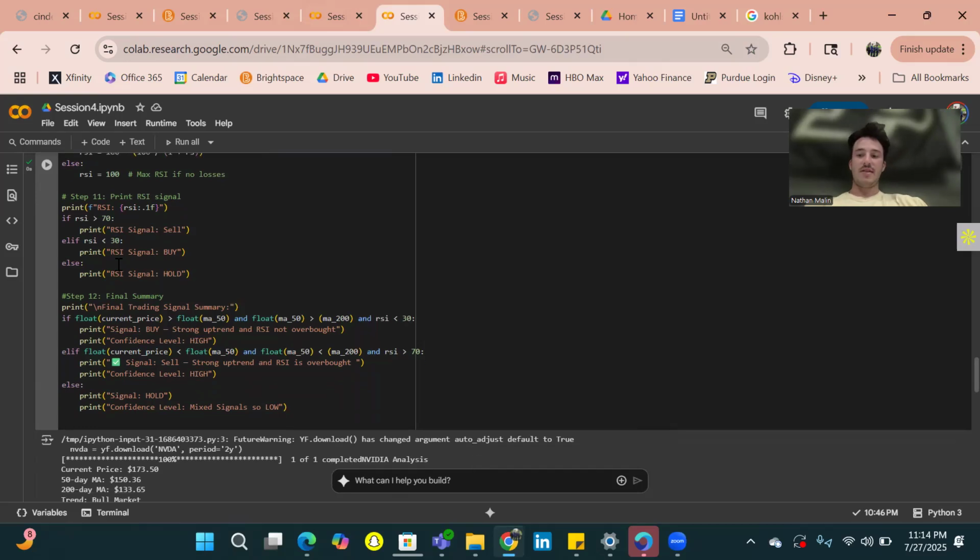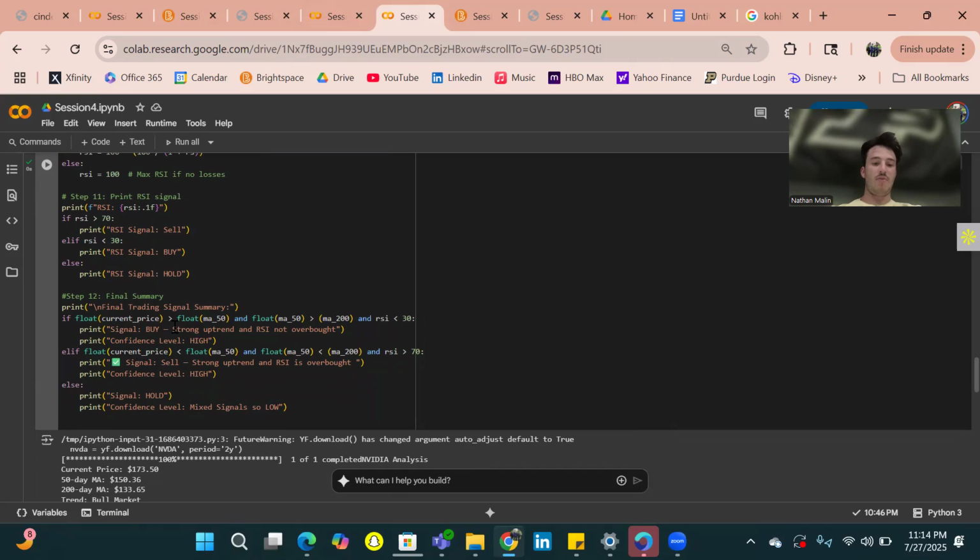And then for the final summary, we want to have a confidence level. It's very complex because all three of these signals can tell different things about how NVIDIA is going to be moving. If the current price is more than the 50-day and the 50-day is more than the 200-day and RSI is less than 30, it's a very strong confidence level for a buy, and I highly recommend that you buy NVIDIA.